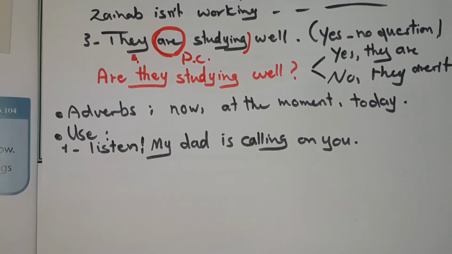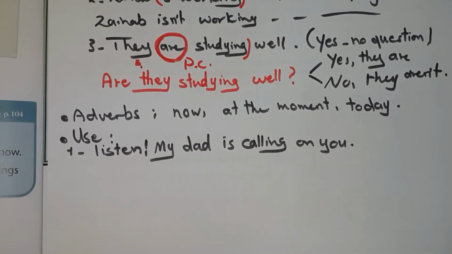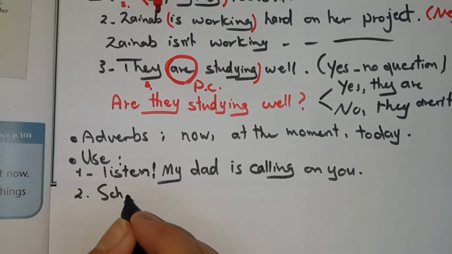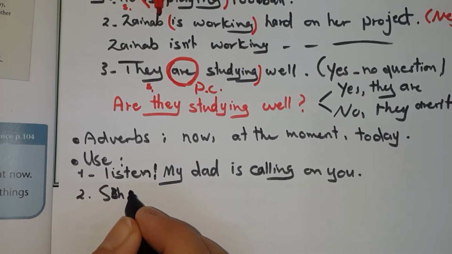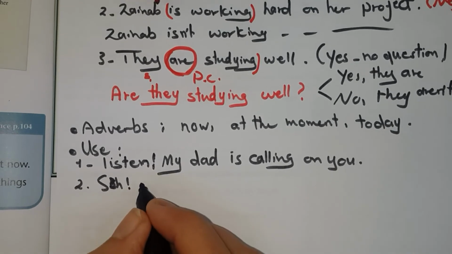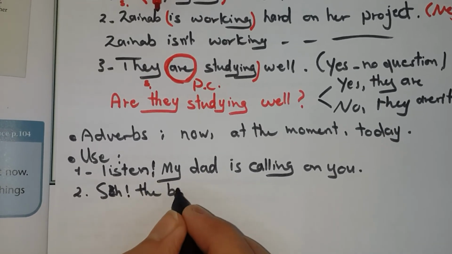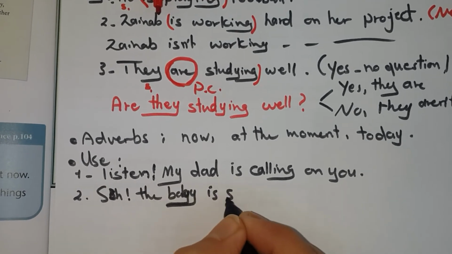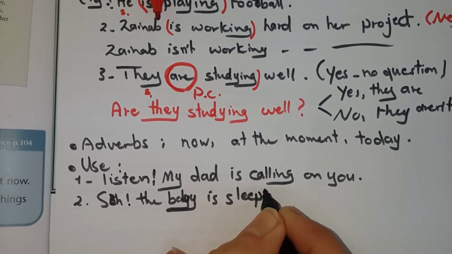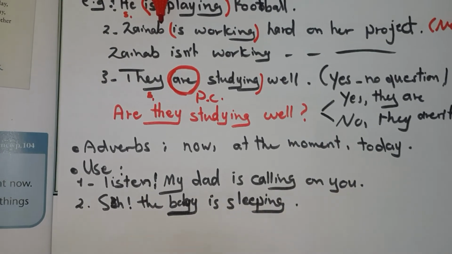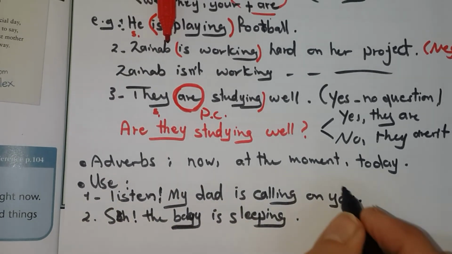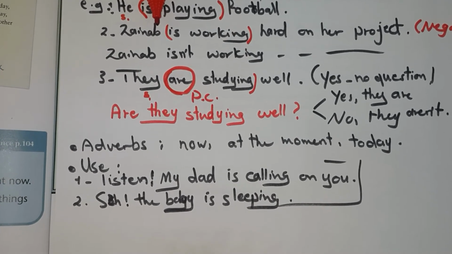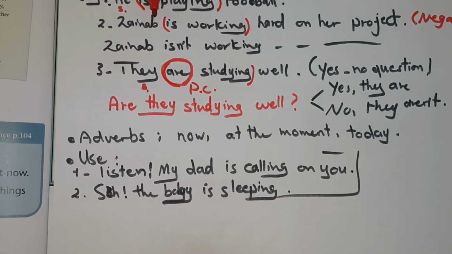Listen. My dad is calling on you. Another example. Shh. The baby is sleeping. These two sentences are indicating what? That something is happening at the moment you are speaking.